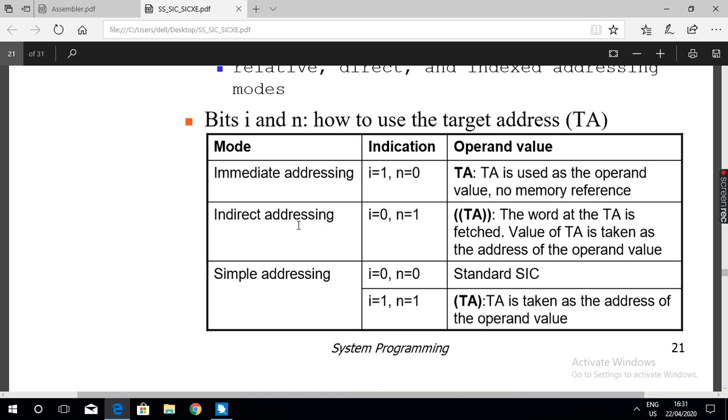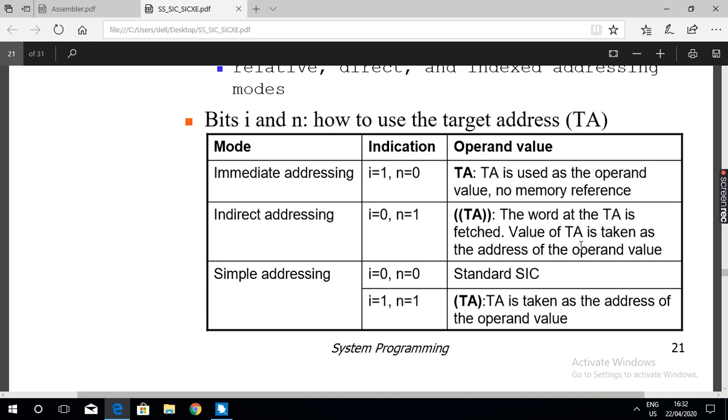In indirect addressing, I equals 0 and N equals 1. Address is specified in the instruction, and the word that is present in the target address is fetched.